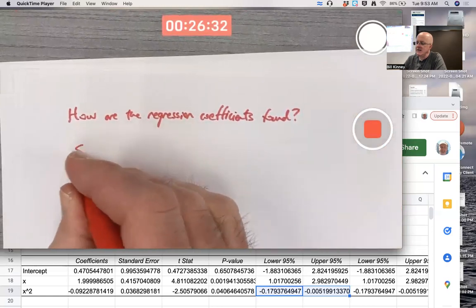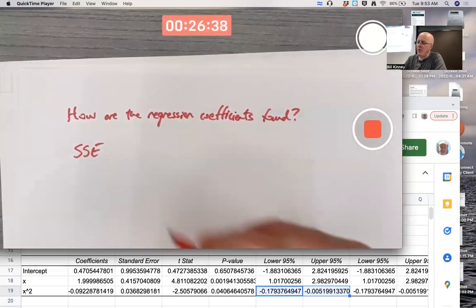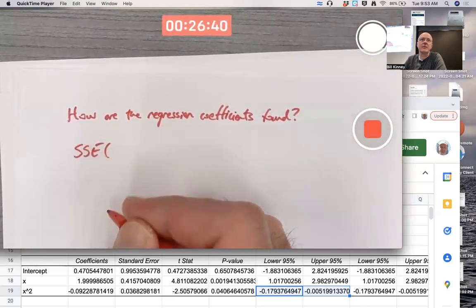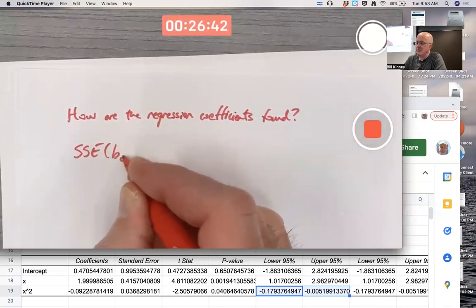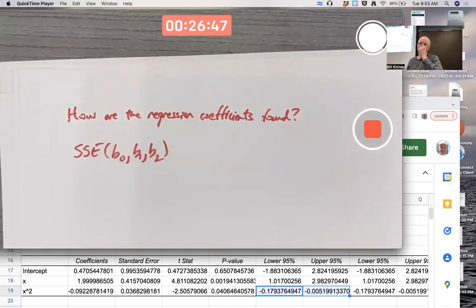There's still SSE. But now we want to think of SSE as a function of 3 unknowns. Call them B0, B1, and B2. It's still least squares linear regression. We're still trying to minimize the sum of squares of errors, meaning sum of squares of residuals.